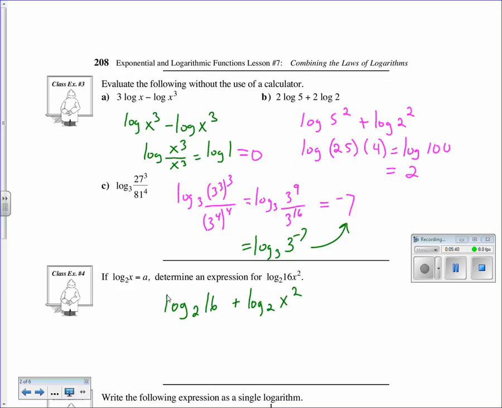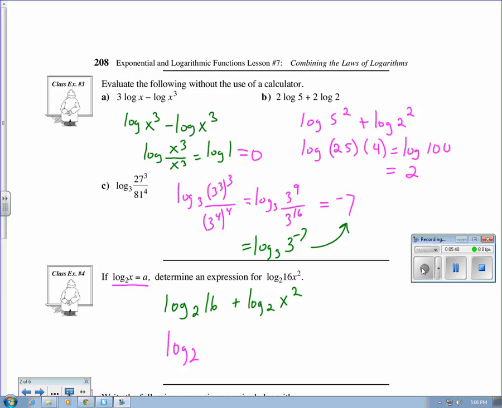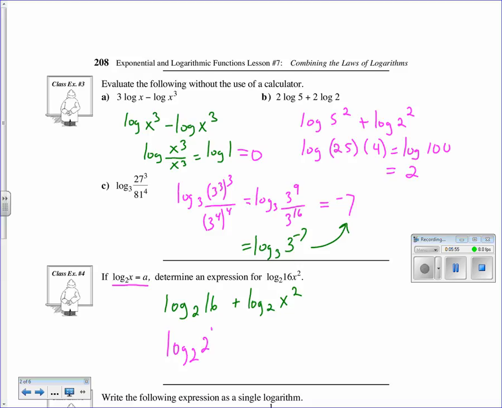I need to get something that looks like this, and I can evaluate log base 2 of 16 because 16 is 2 to the 4. And then in the next one, I'm going to move that 2 down in front so that I have 2 log base 2 of x. And log base 2 of x is actually equal to a.